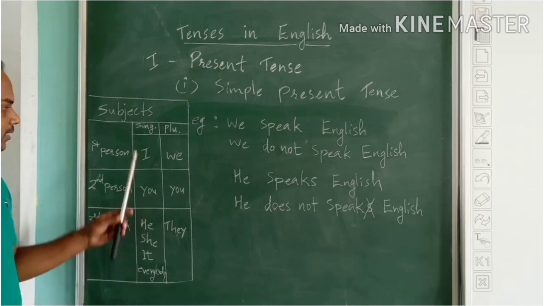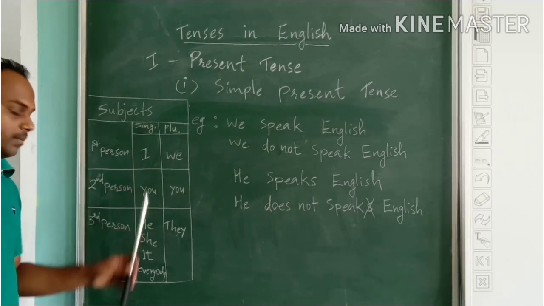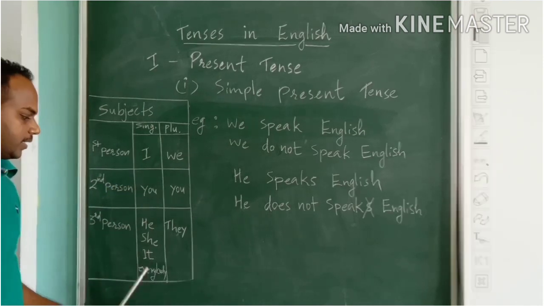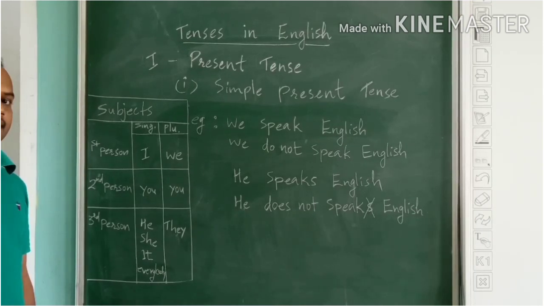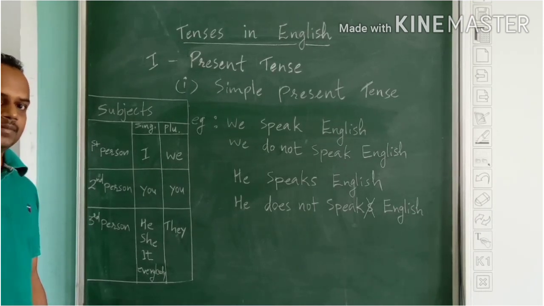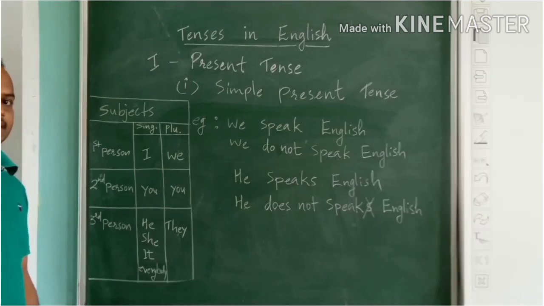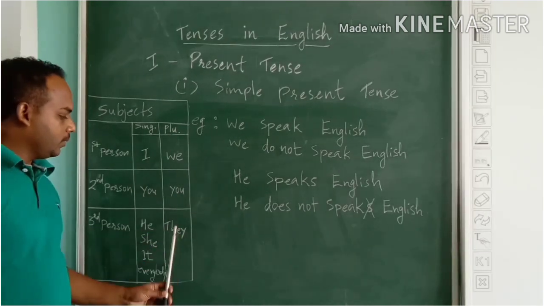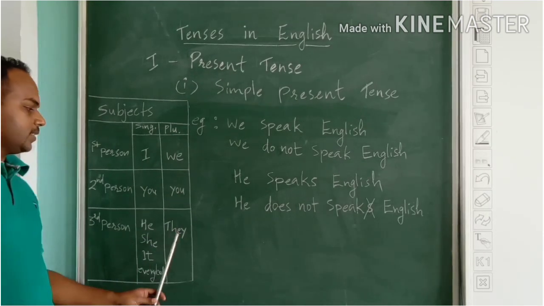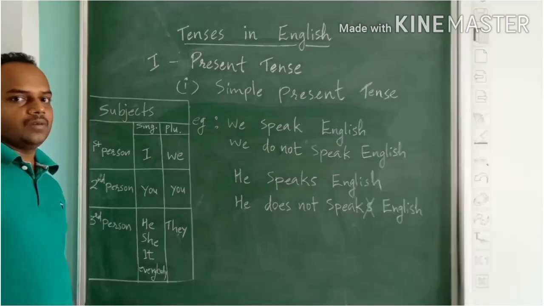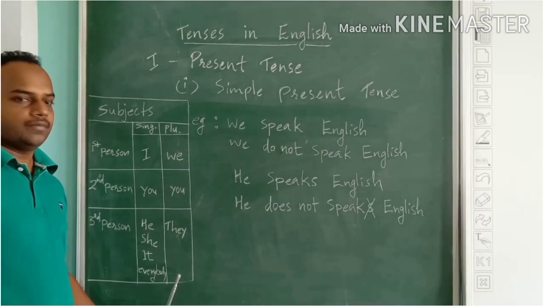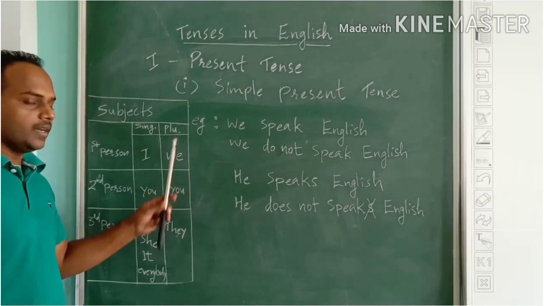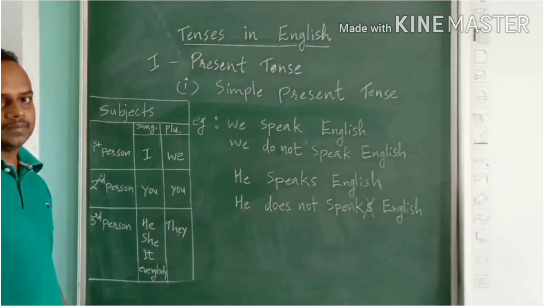Third person singular subjects are he, she, it, everybody, and all other names. All these are third person. And plural in number in third person is they, only they.